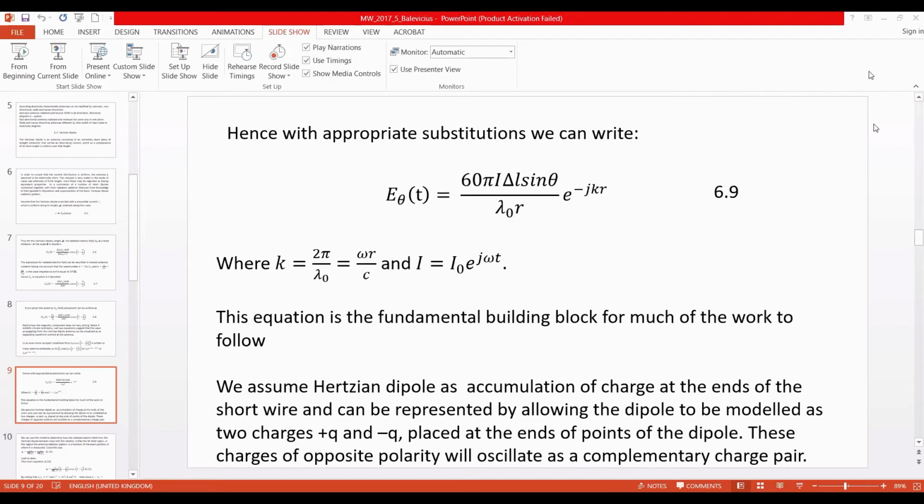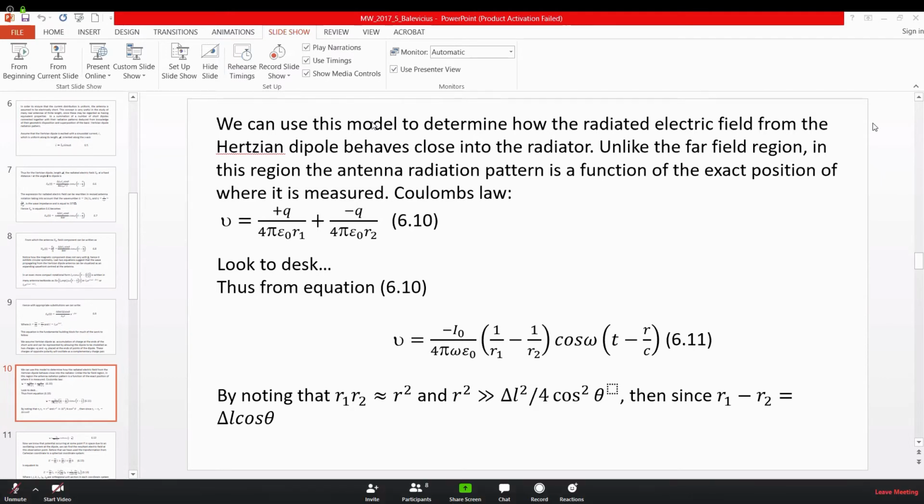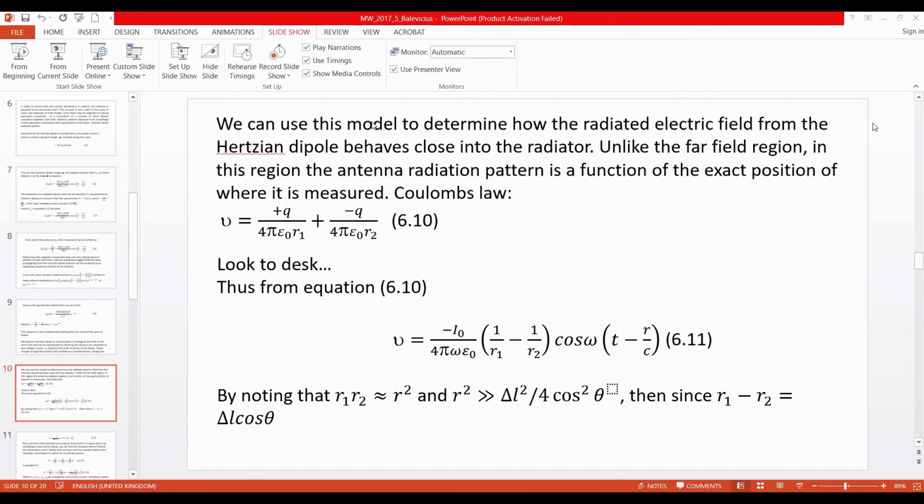These charges of opposite polarity will oscillate as a complementary charge pair. We can use this model to determine how the radiated electric field from the Hertzian dipole behaves close to the radiator, close to the antenna.